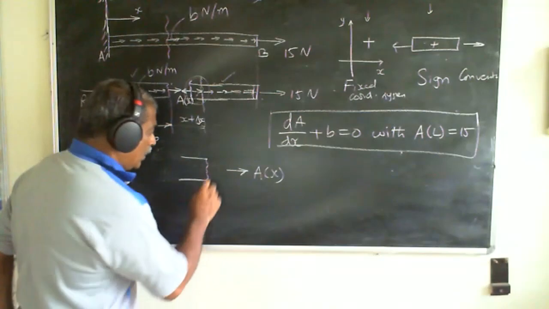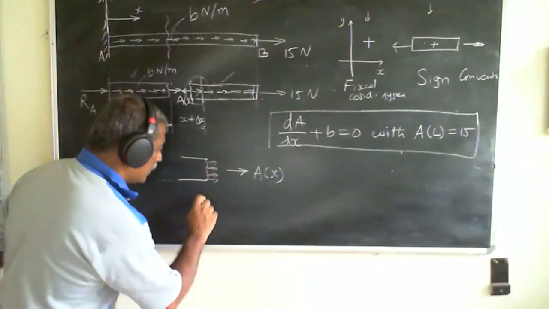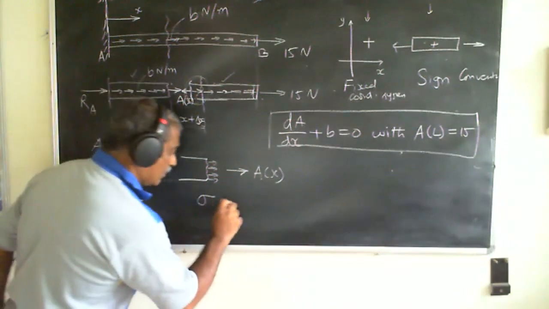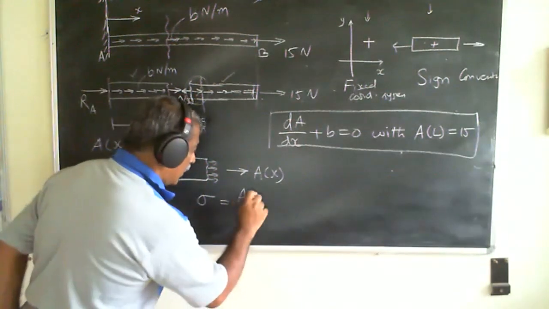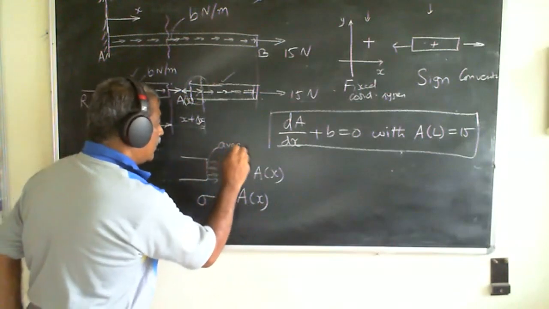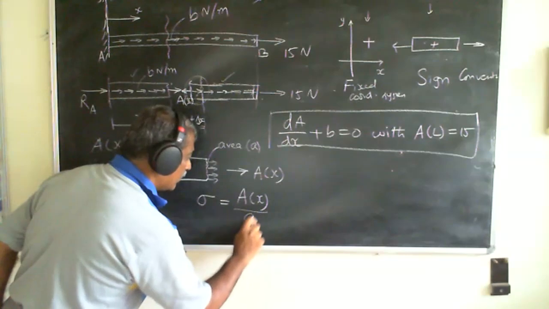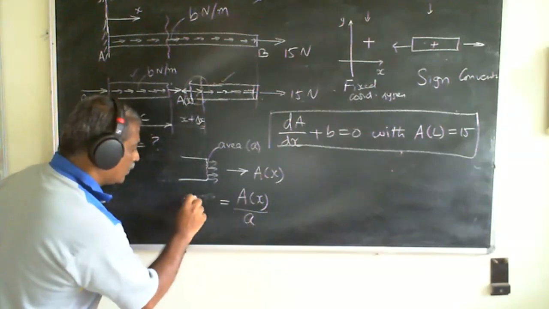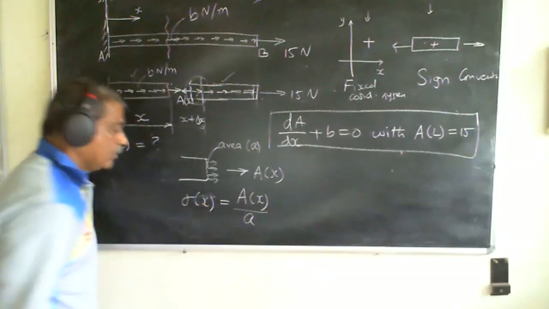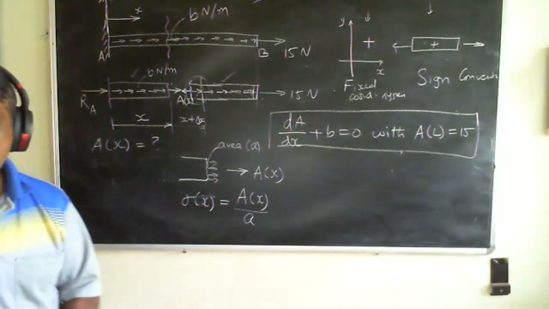So if I have to say that this is the stress, then stress is equal to A by area. Let's say the area is A, small a. Then I can find out sigma of x to be A of x by a. Fair enough, right? Simple. Any questions?